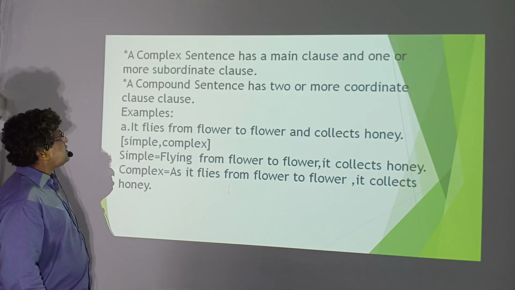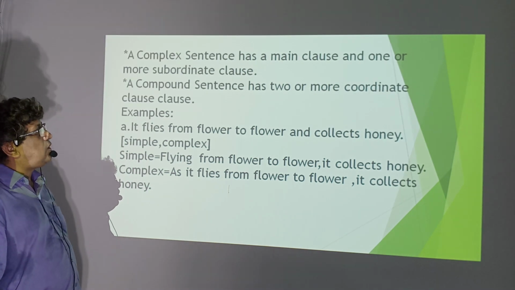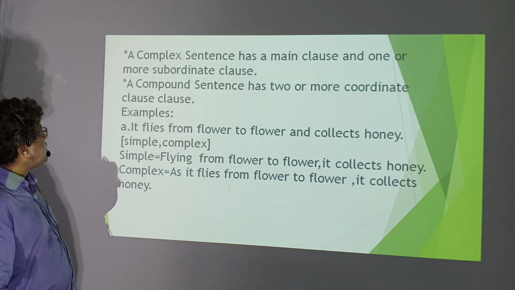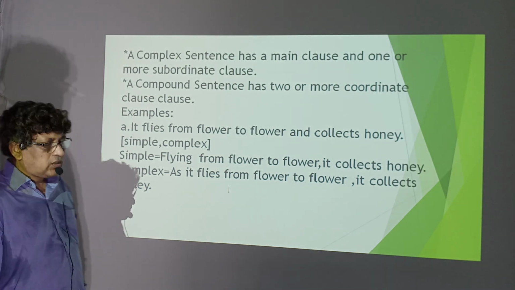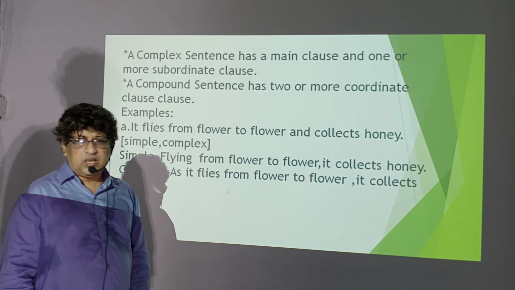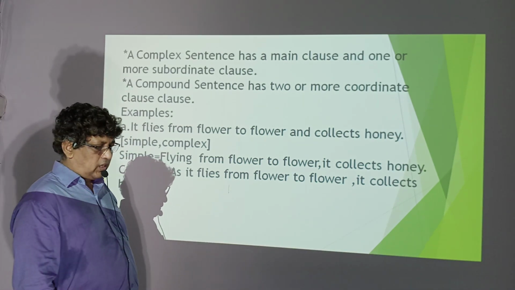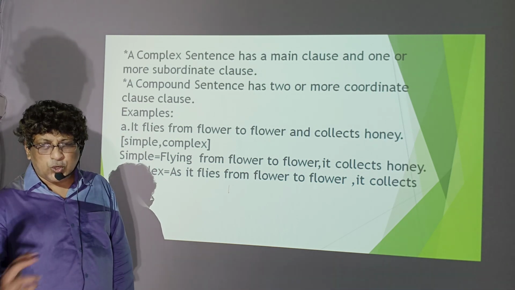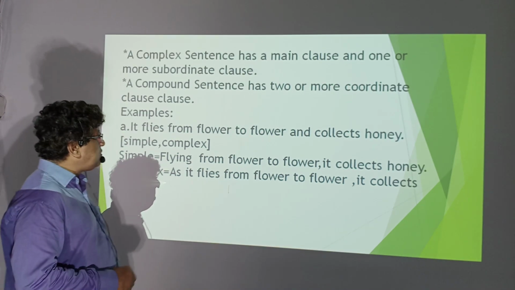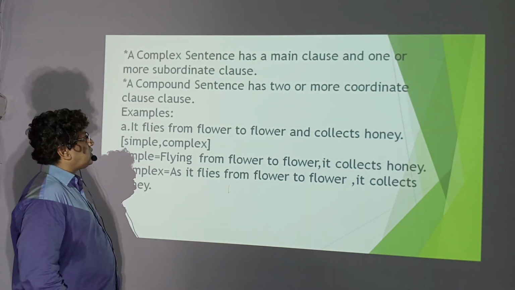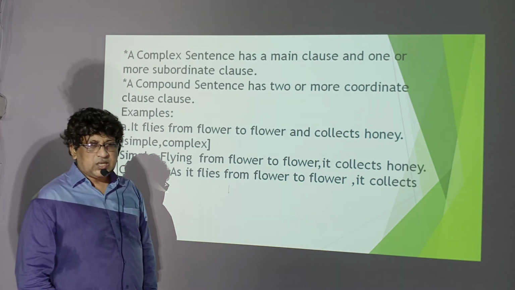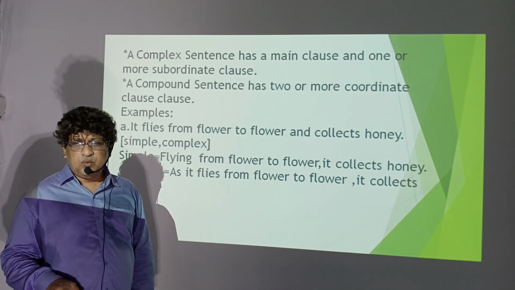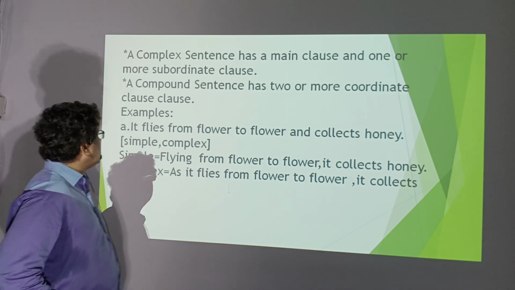A compound sentence has two or more coordinate clause. So a coordinate clause is equivalent to another coordinate clause. So in a compound sentence, we will find two clauses which are mutually interrelated.